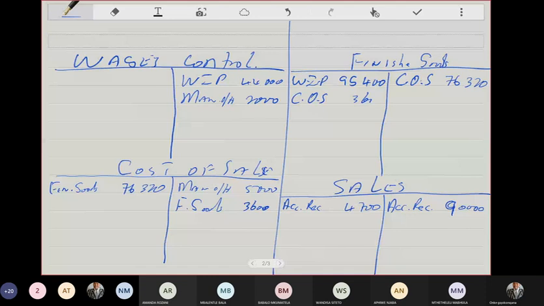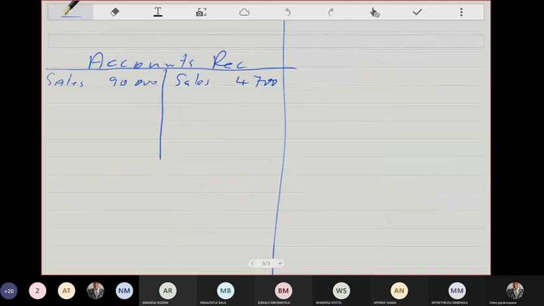Then the next transaction that we have here is the selling and administrative cost paid by check, 6,200. That's clear for you guys. This is paid by check. Selling and admin.